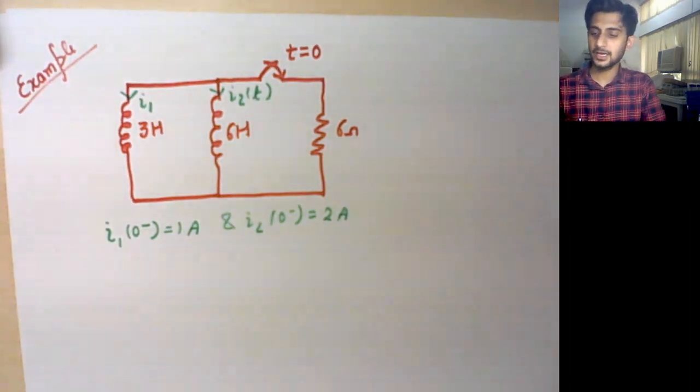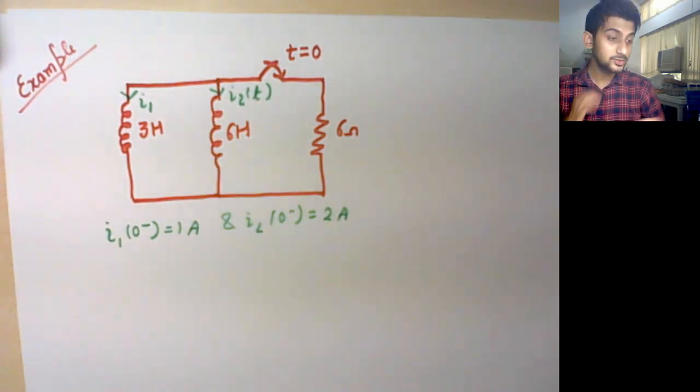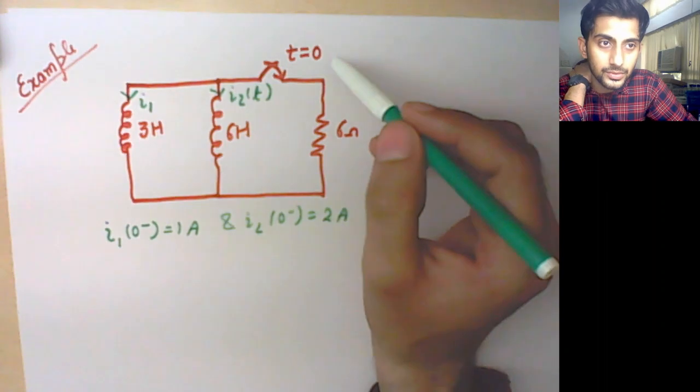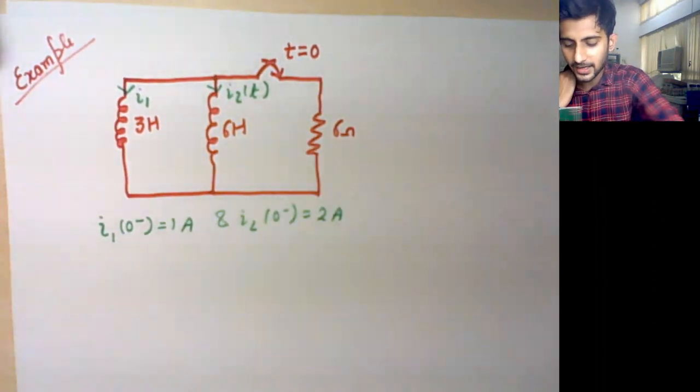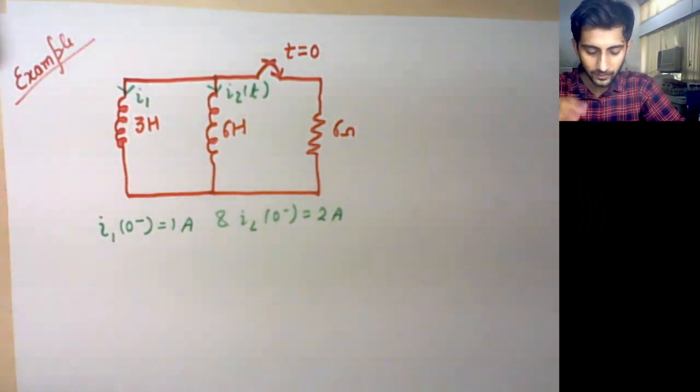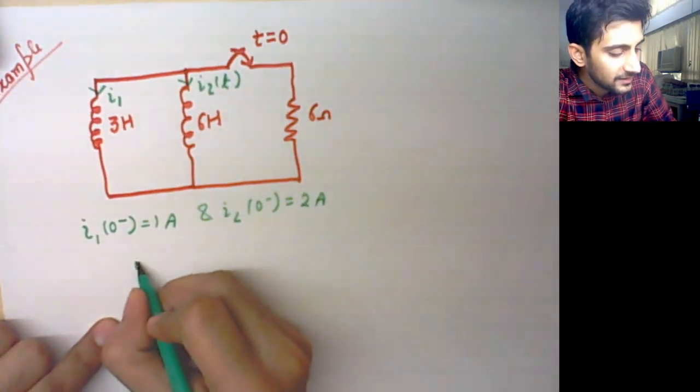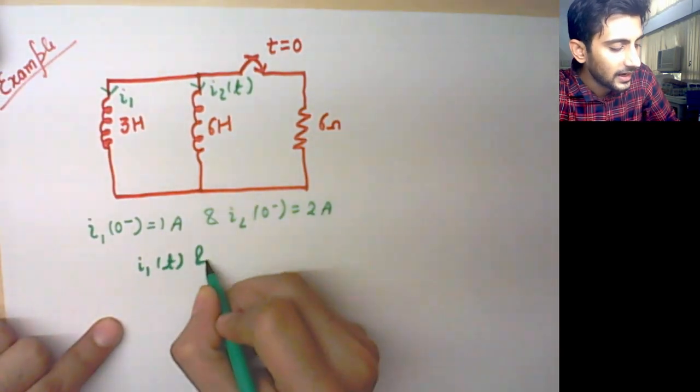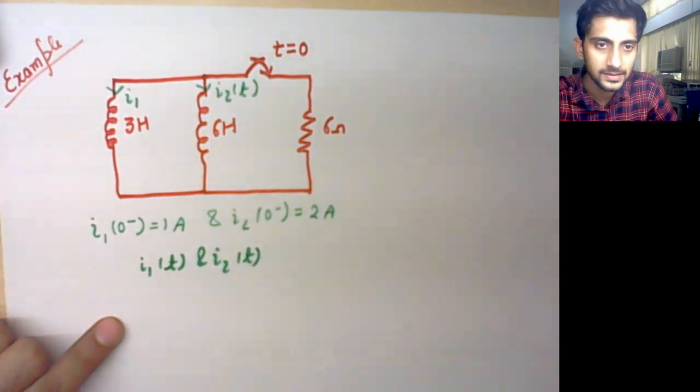The switch is closed at t equals to 0. What they're asking is to find out the value of I1 for all t's and I2 for all t's.